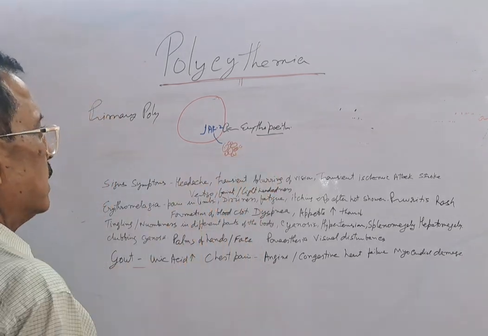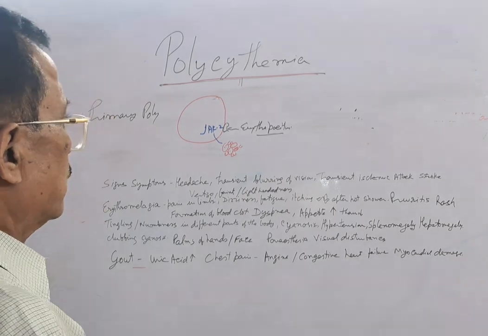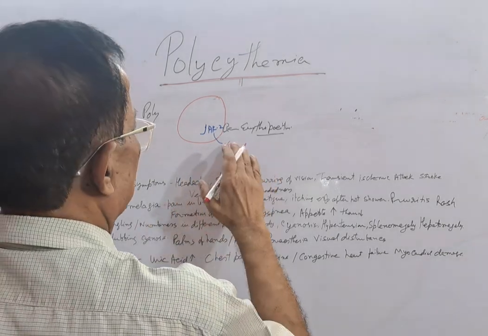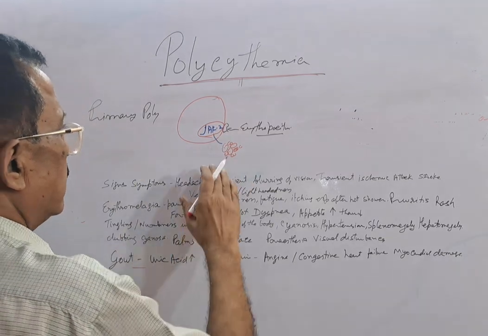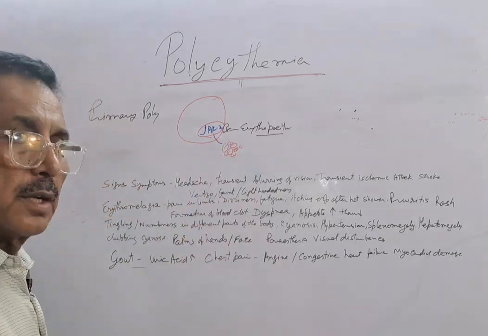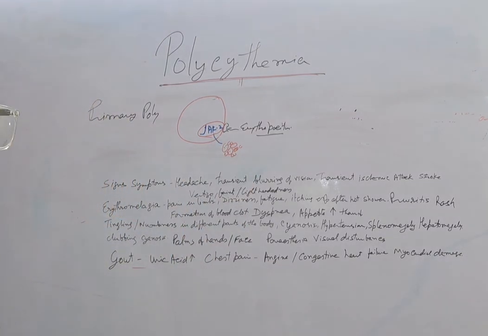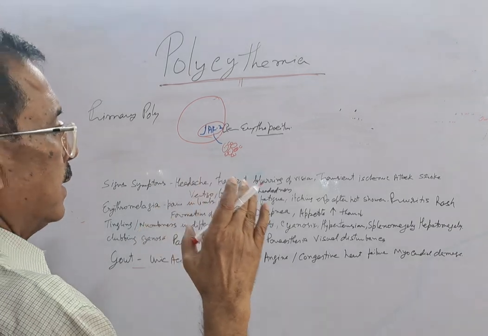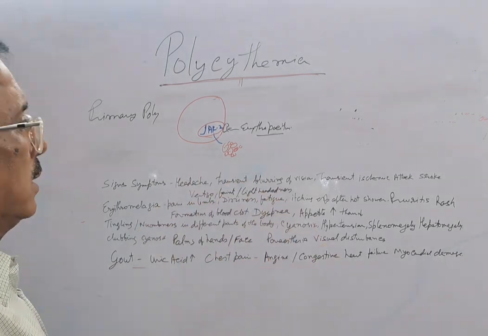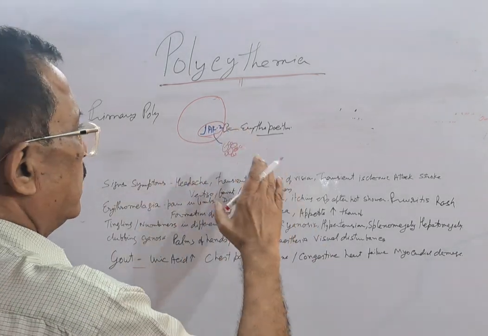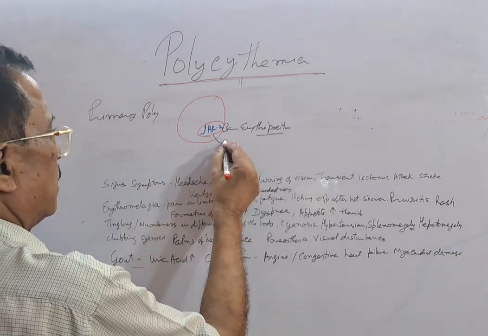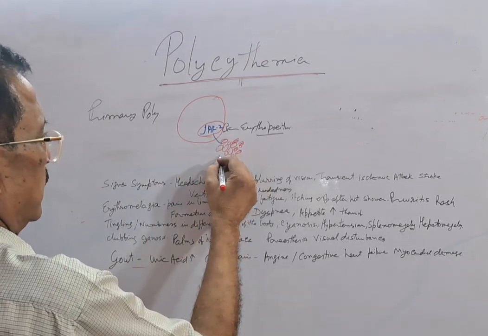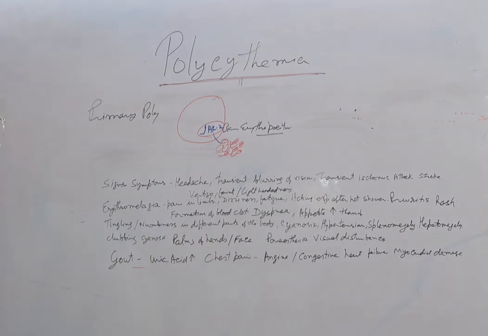This is in normal condition, and when there is defect, there is mutation in JAK2, then it is not dependent upon erythropoietin. When there is mutation in JAK2 gene, it is not dependent upon the erythropoietin. It will form autonomous blood cells, leading to polycythemia.